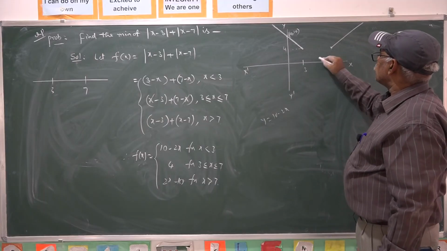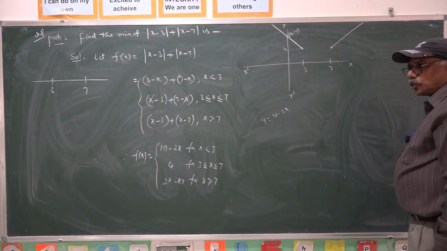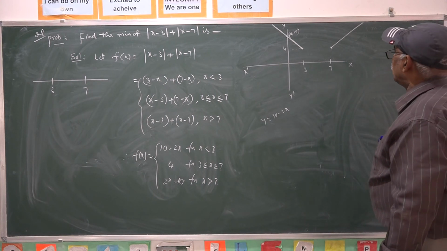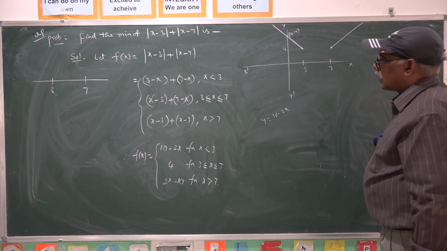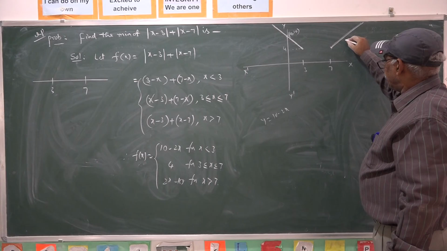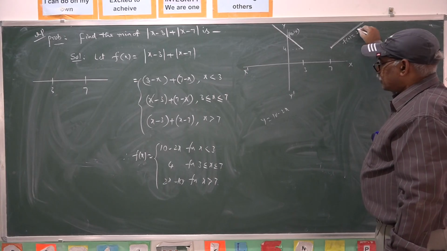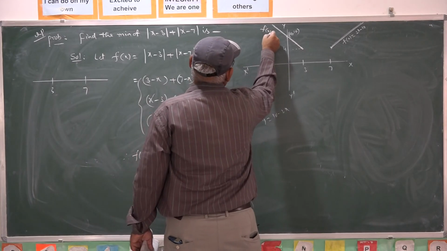Positive slope means it is making an acute angle with the positive direction of the x-axis. Hence, the line is like this. This is f(x) equal to 2x minus 10, whereas this is f(x) equal to 10 minus 2x.